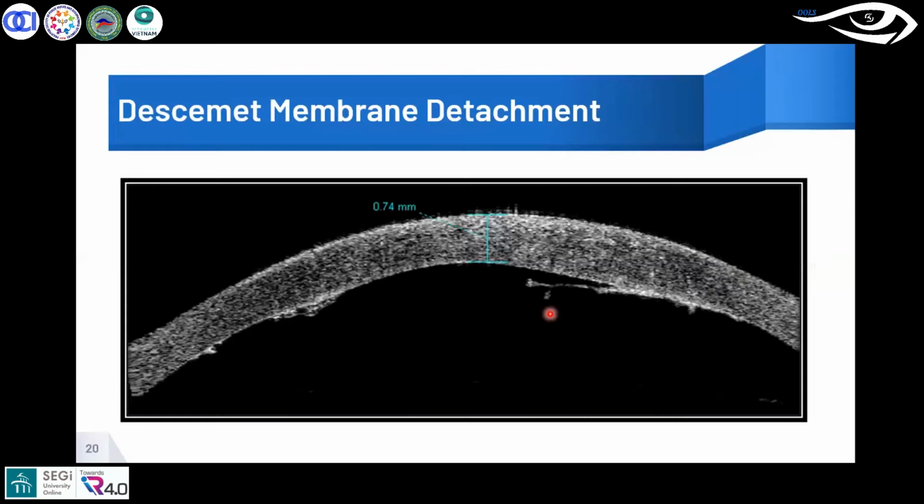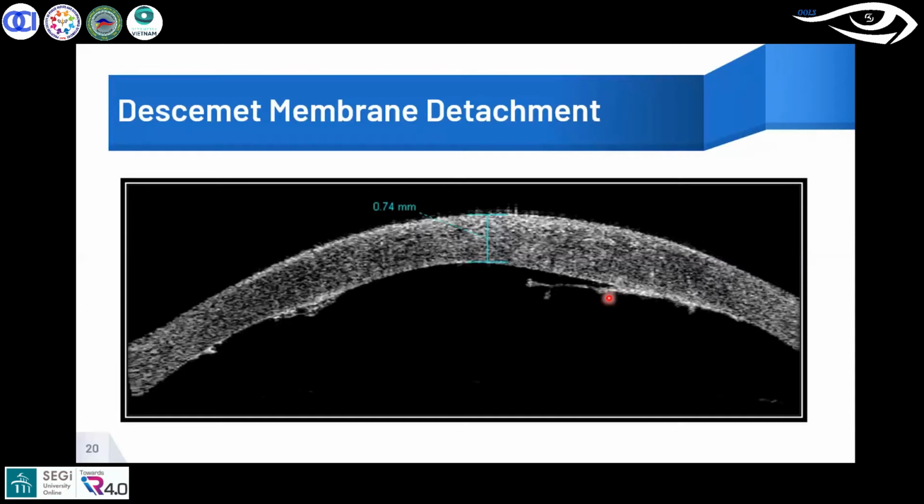Sometimes when there is no stromal edema, or when the cornea is not clear, you will not be able to visualize this through a slit lamp. So you will need to look at an AS-OCT image in order to see the Descemet membrane detachment which is present.